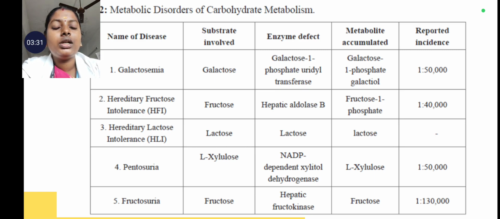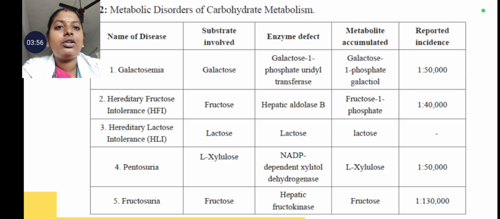How does the disease occur in our body? In the sense of enzyme deficiency. We have seen 10 different enzymes. If one of the enzymes does not work in that place, that metabolite will get accumulated in our body, and that leads to the disorder.